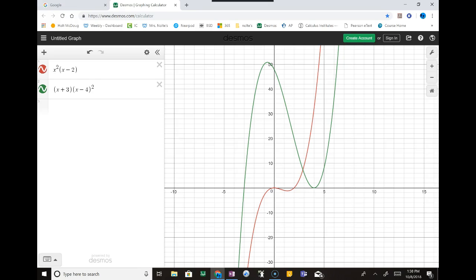-3, +4. Can you tell me the difference? What is happening at -3 versus +4? Don't give me increasing or decreasing. I want something different. I want you to think about the x-axis. What is happening with the function versus the x-axis?